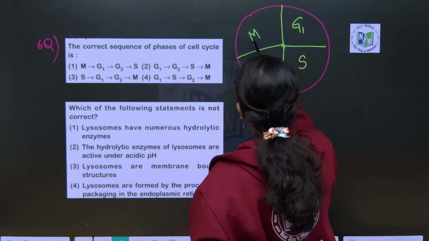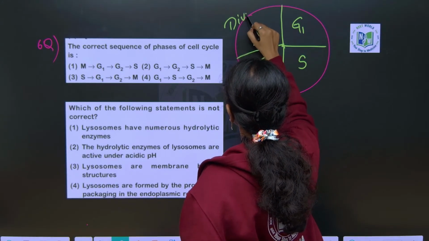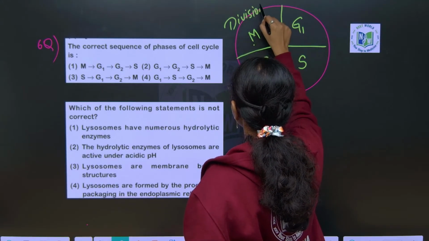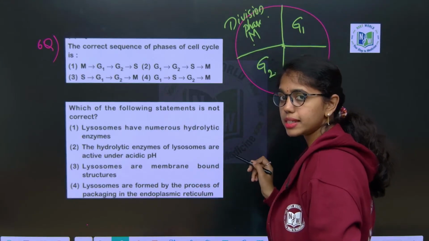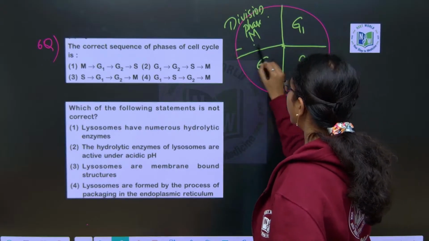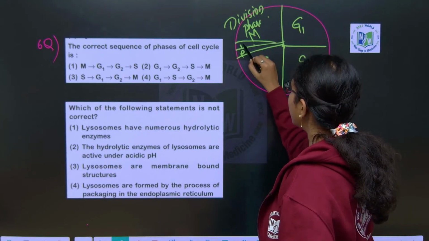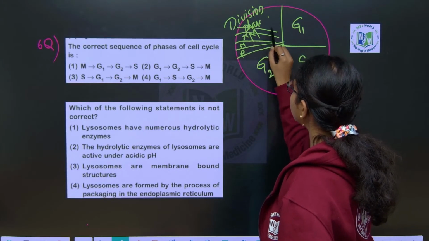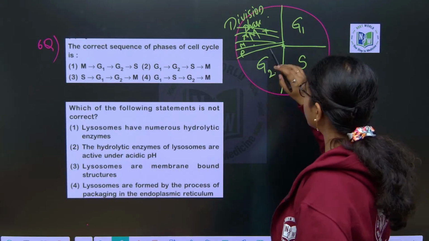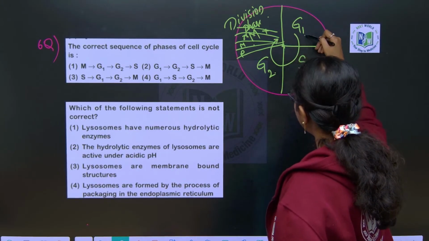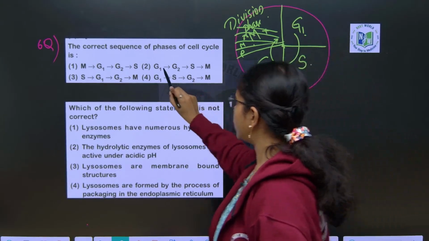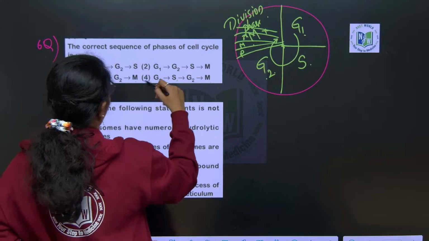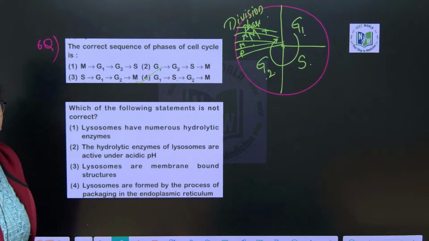Okay, M phase is called the dividing phase, division phase. M phase has again karyokinesis and cytokinesis in it, where karyokinesis has prophase, metaphase, anaphase and telophase. Clear? So, what will be the sequence? G1 followed by S followed by G2 followed by M. G1, S, G2 and M. Option 4 is the correct answer.